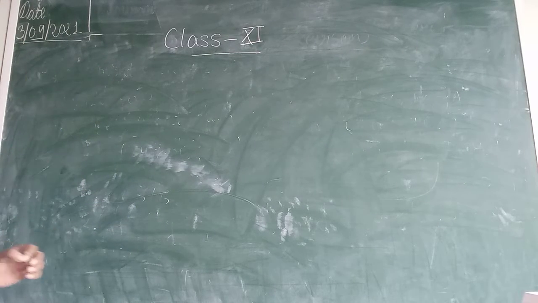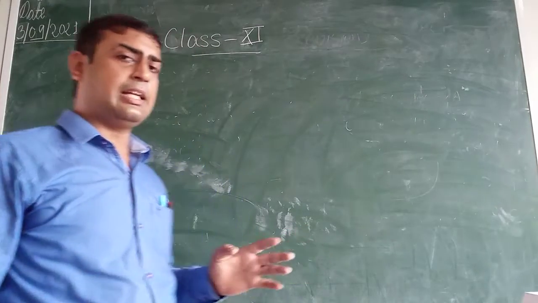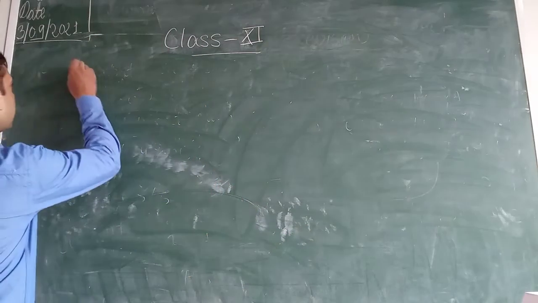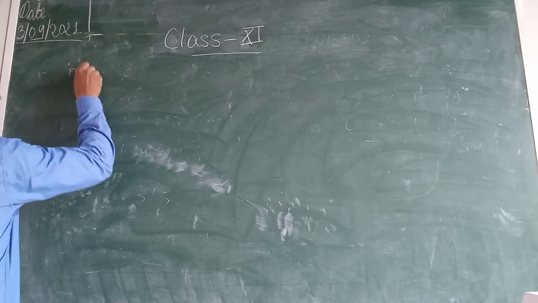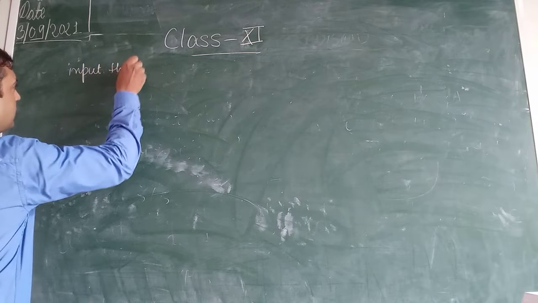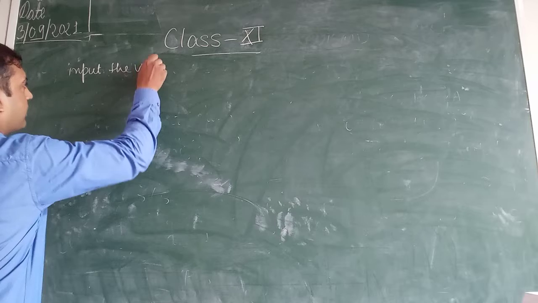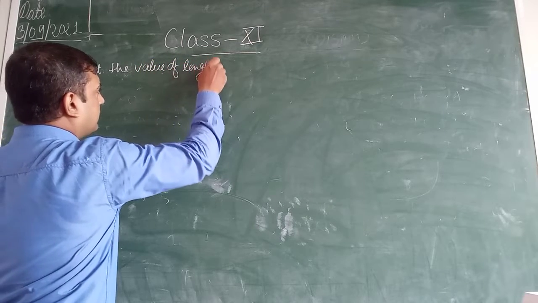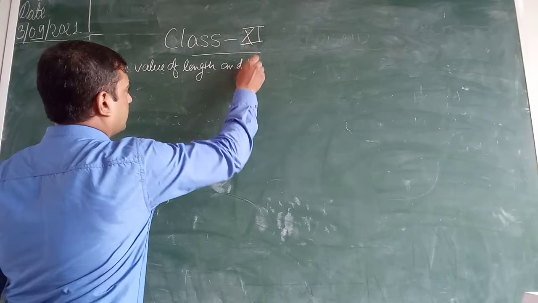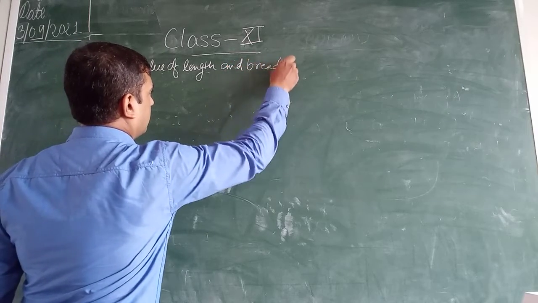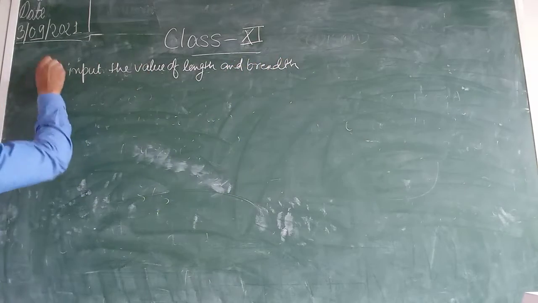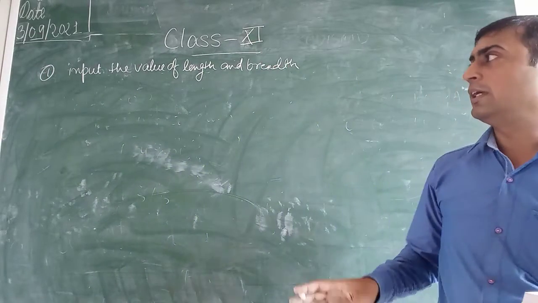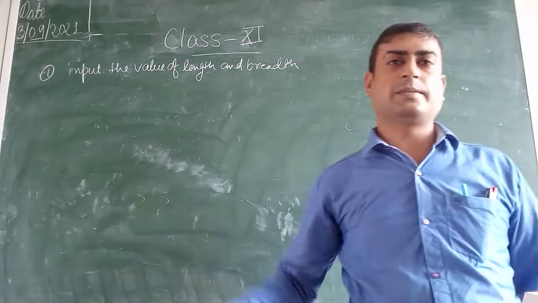I am writing algo first. In algorithm, you have to take the value, input the value of length and breadth. In simple English, algorithm is simple English. Input the value of length and breadth.